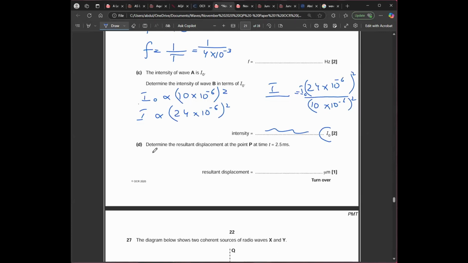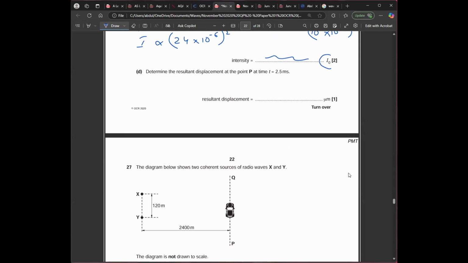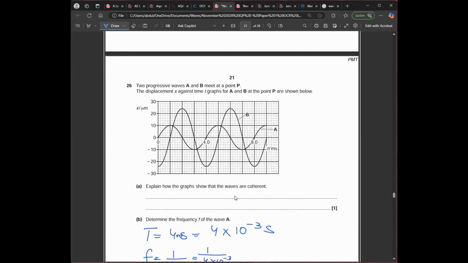That's fine. Determine the resultant displacement at the point P at time t equals 2.5 millisecond. So 2.5 millisecond.